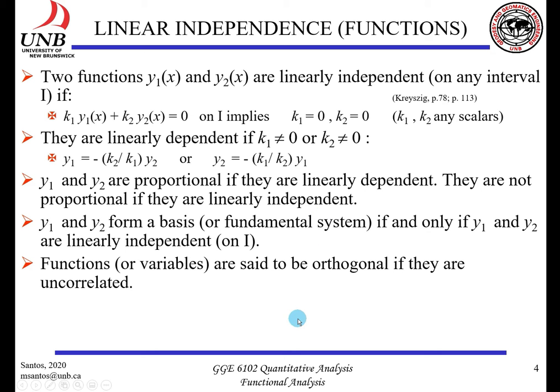So we need to revisit the concept of linear independence. What are linearly independent functions?